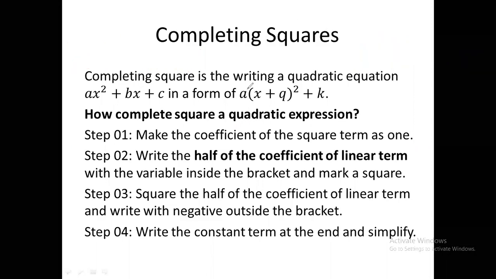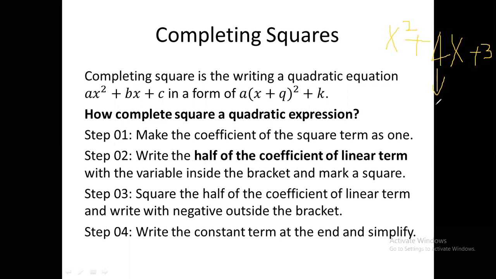Then the next step is to write half of the coefficient of the linear term with the variable inside the bracket and make it a square. What do we mean by half of the coefficient of the linear term? For example, if you get a quadratic x squared plus 4x plus 3 or something, we have to take half of this coefficient.